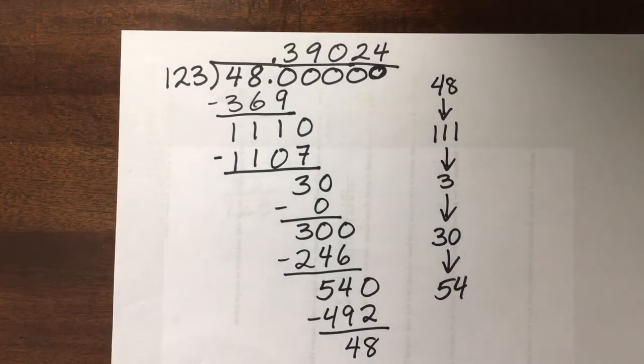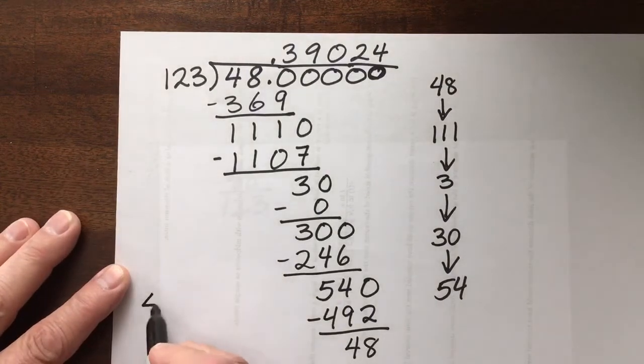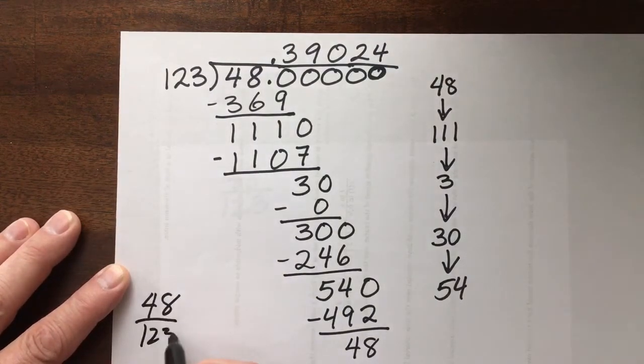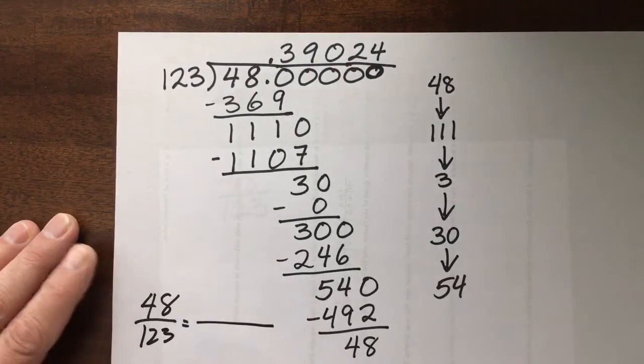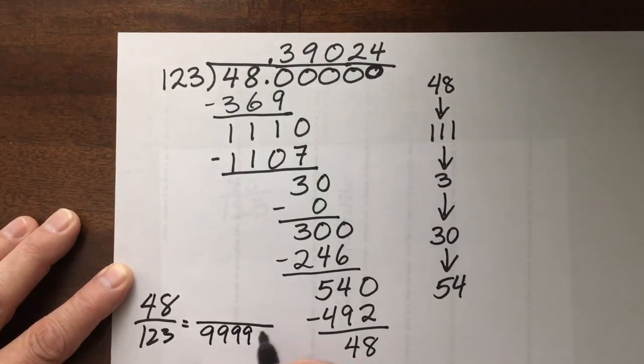Okay. But there's a secret number in this problem, in any division problem. Think about, for 48 over 123, could I write this as something over 99, or over 999, or now 9,999, or 99,999?